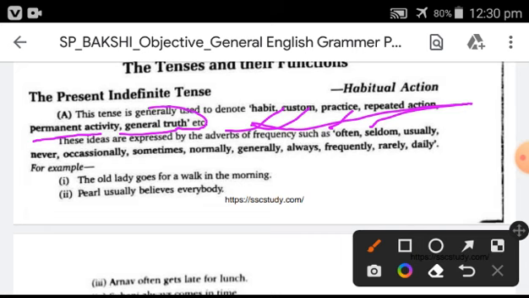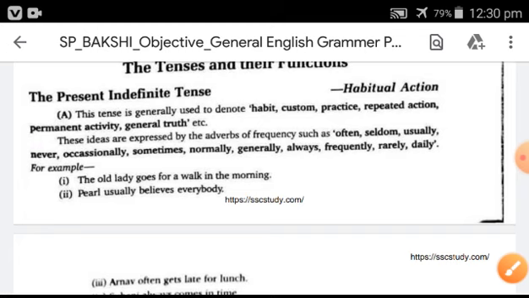Mark these points and you never fumble in determining whether the tense is present indefinite or not. Some other words are also written here for your convenience.